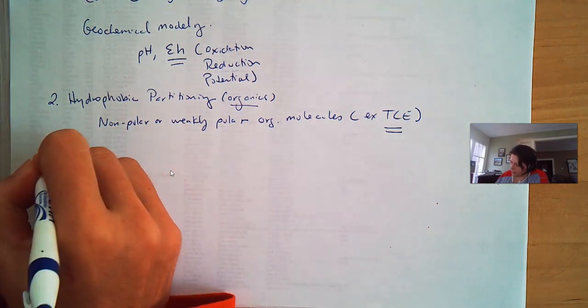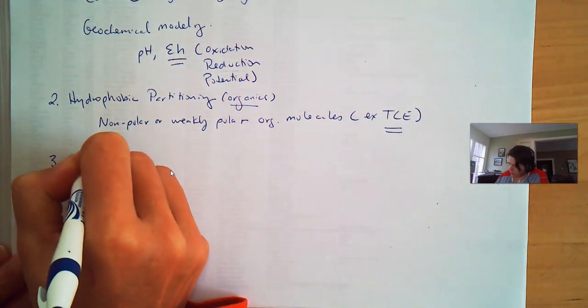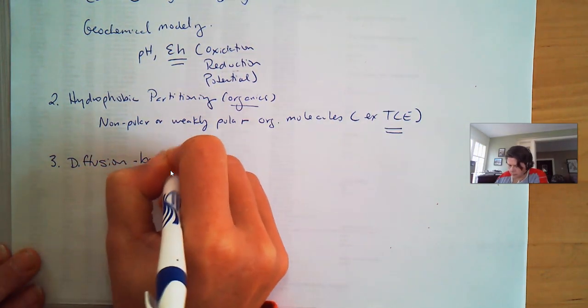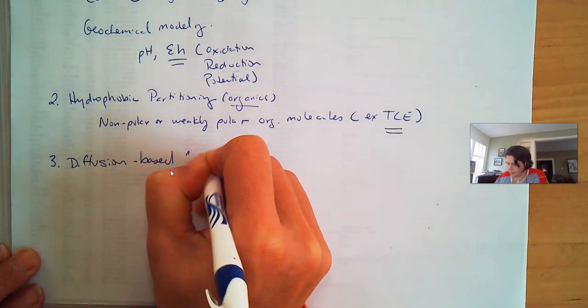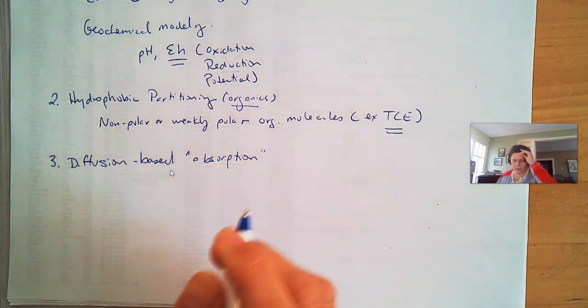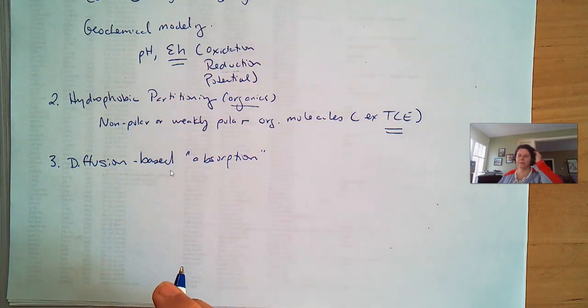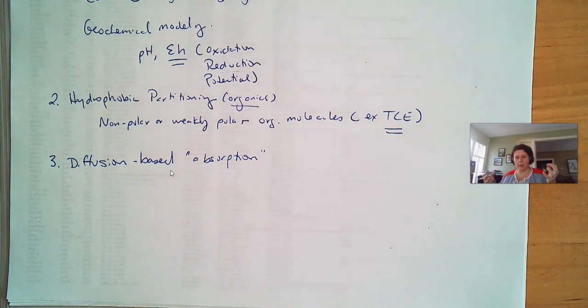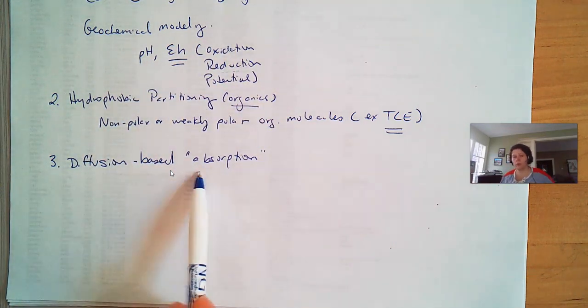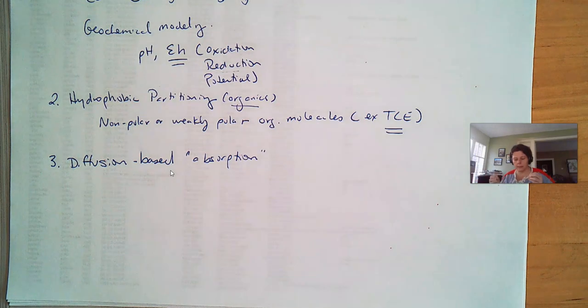Number 3 here is diffusion-based absorption. So this is really more like absorption into the smaller grains. So that's the other process that we've talked about. Absorption was sticking onto the outside. That's the cation exchange capacity. Diffusion is where it goes inside of the clays.